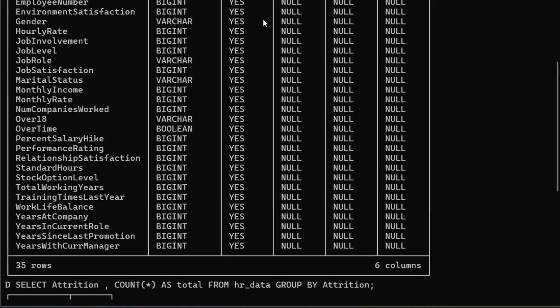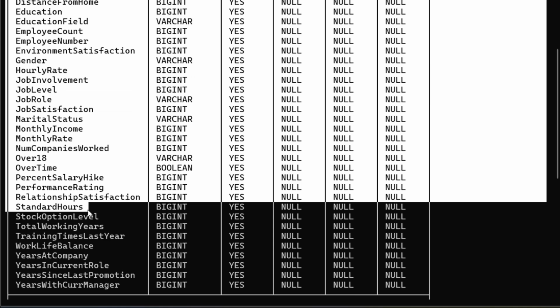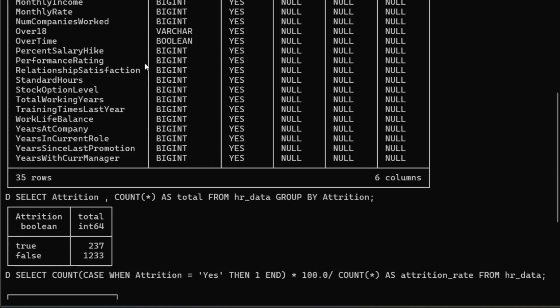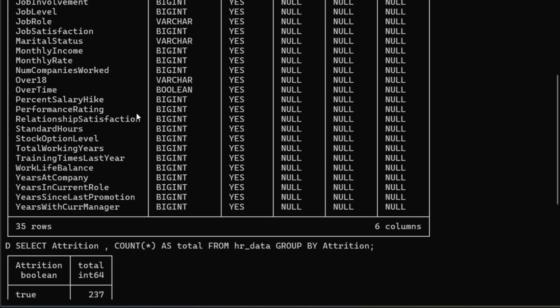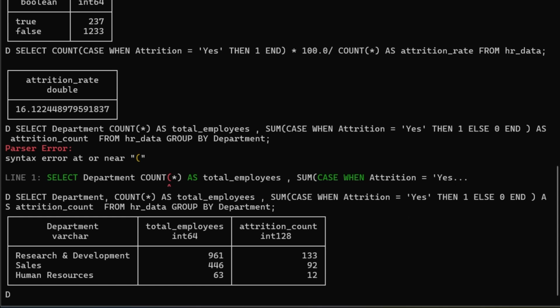So what do we need? We talk about the salary and the attrition. Here, if we look for a salary scale, there is nothing like salary, but you can see something like monthly income. Yeah, that's what we are looking for, how much they are paid per month.